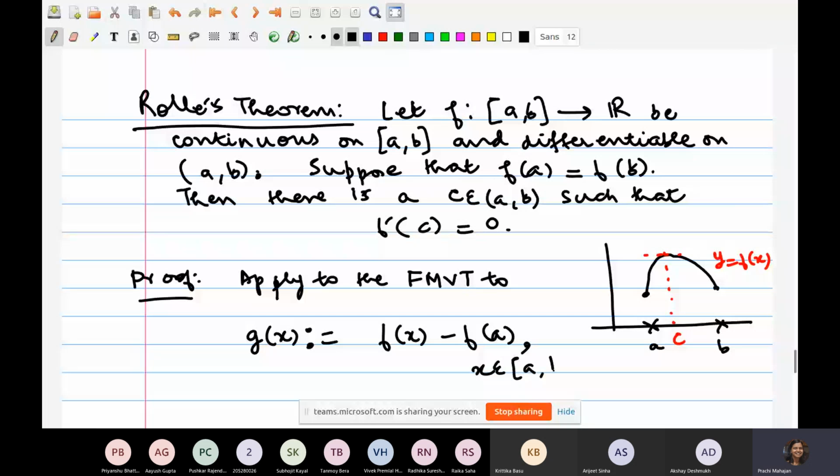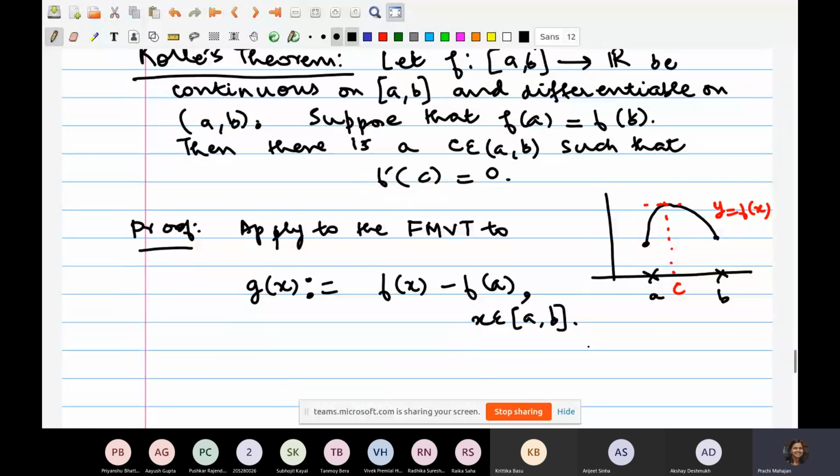Everything else remains unchanged. Then g would be continuous on closed interval ab, differentiable on open interval ab. g(a) and g(b) would both be 0, and there would be a point C in open interval ab, by the first mean value theorem, where the derivative of g would vanish. That would exactly say that the derivative of f at that point would vanish. Is that okay?